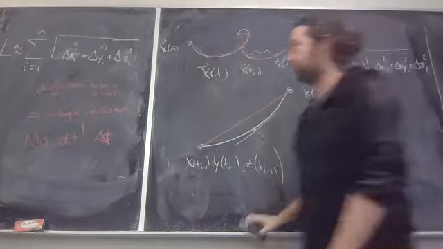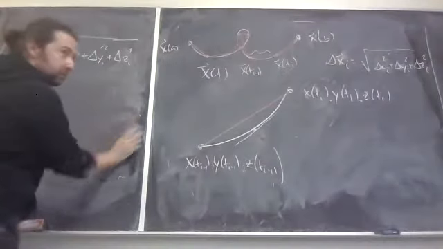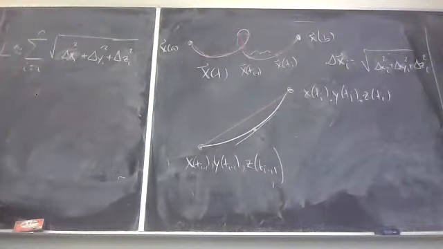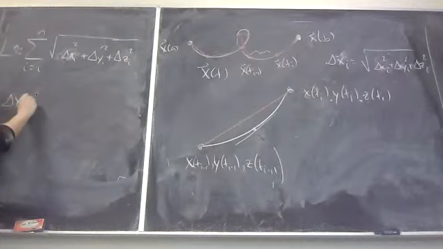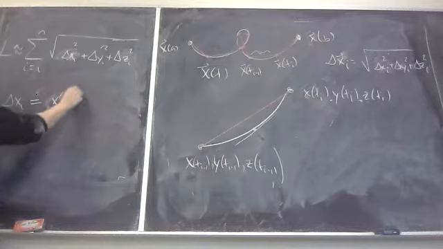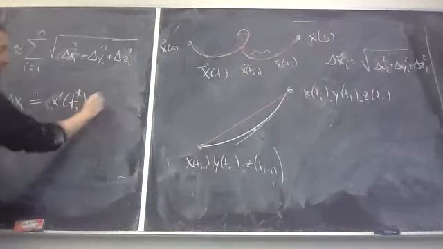So the mean value theorem says, probably you've never even used the mean value theorem in your life before, but what it says is that change in xi is equal to x prime of t_i star times change in t.